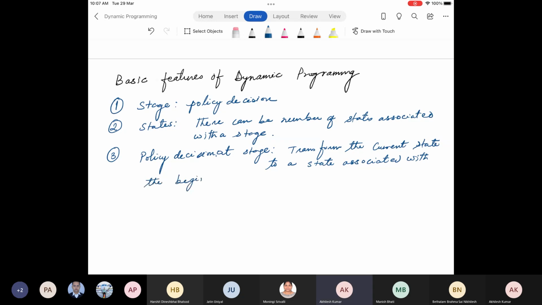So whatever decision you take at this stage, given a state, you will reach the next state, a state associated with the beginning of that stage. The reason we say beginning is because I will take another decision there that will take me to the next stage.